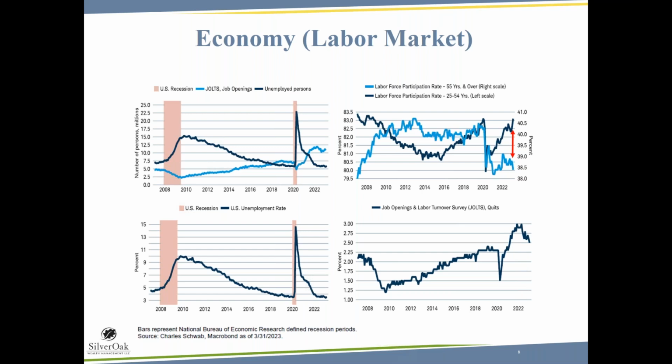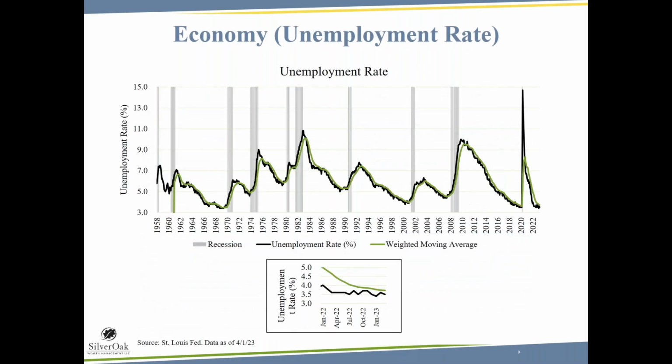Well, let's look at the unemployment relative to recessions. So if we see here on this slide, the unemployment rate obviously is quite low. That's at the far, far right. We have the red arrow pointing up only because we would anticipate the unemployment rate to begin to increase, particularly if you're in the camp that at some point later this year or early next year we are headed into a recession.